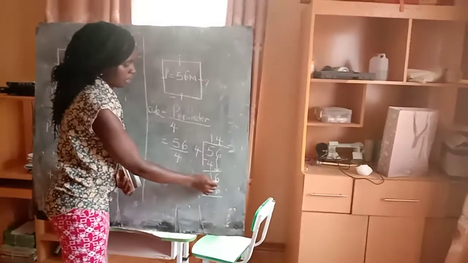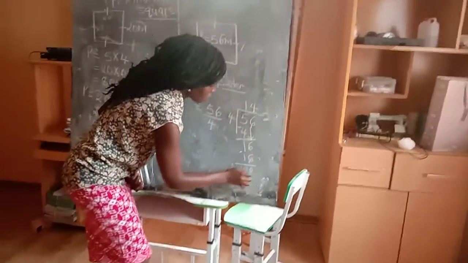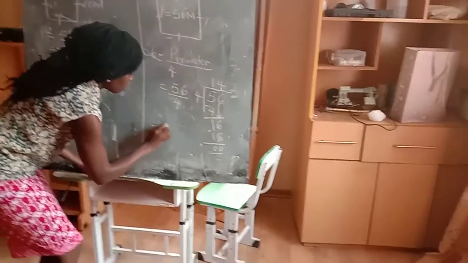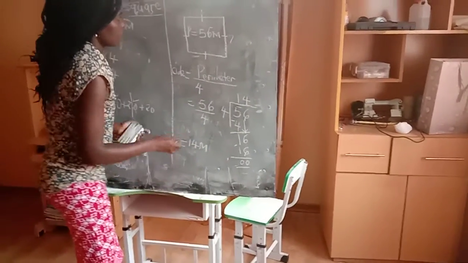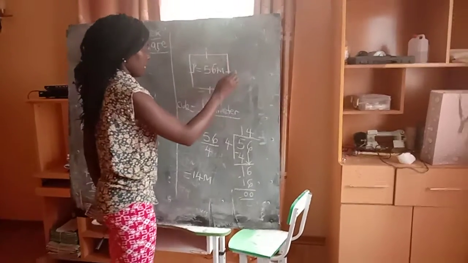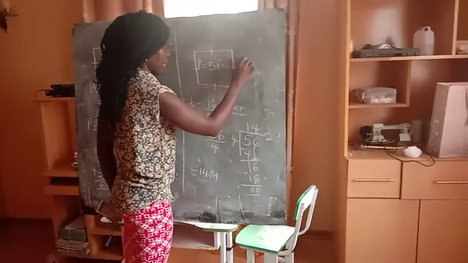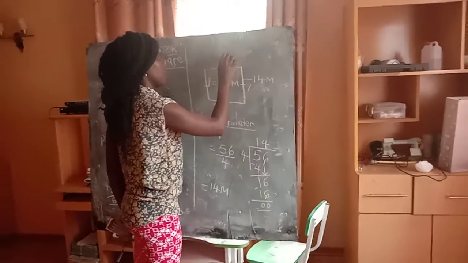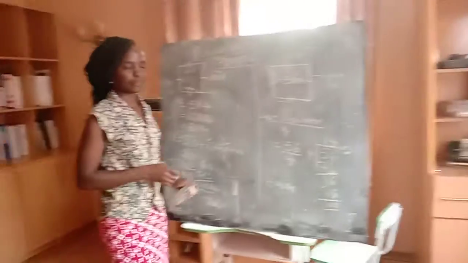Then you subtract here, you get 0. So 14 is our answer. So we get 14 meters. That means in this square, the sides measure 14 meters by 14 meters.